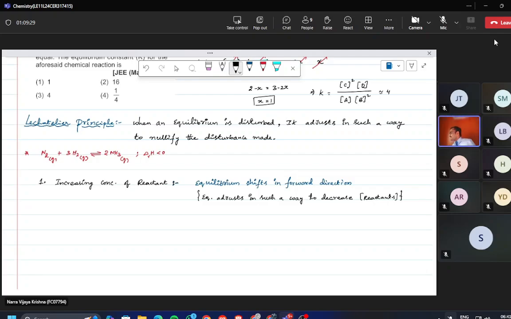This I have to write. Correct? That is, forward reaction is favorable.